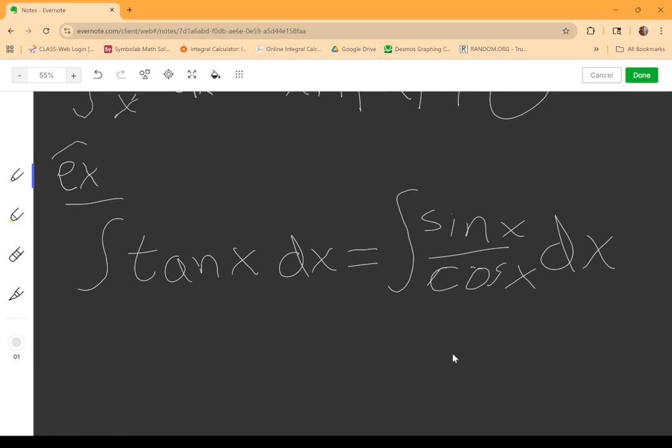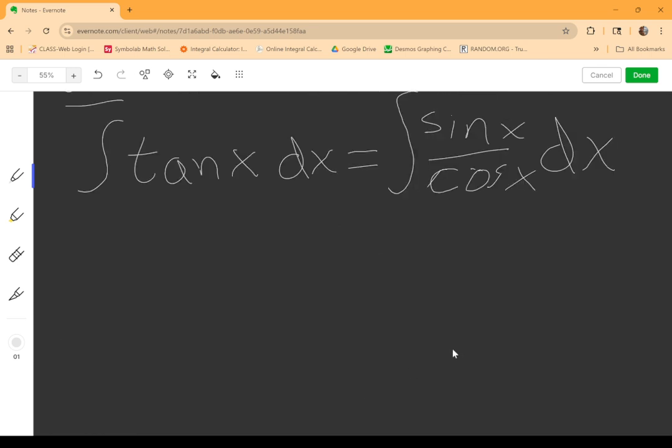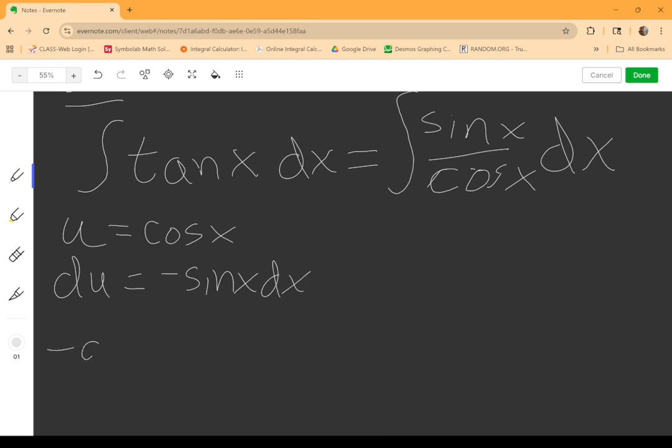Okay, so let's say I wanted to evaluate this. First I'm going to make the u substitution, that u is equal to cosine x. That means that du is going to be negative sine x dx, or in other words, negative du is sine of x dx.